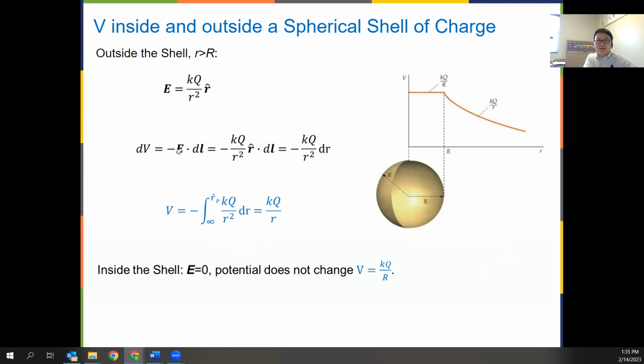The derivative of voltage will be minus E dot dL, and since E is in that direction, this gives you dr, so KQ over R squared dr. So the integration of minus E dot dL, that's where the minus sign goes, is equal to KQ over R, okay? The electric field inside the shell will be 0, so the potential will not change. It will be the same as on the surface, which we looked at in the previous example.